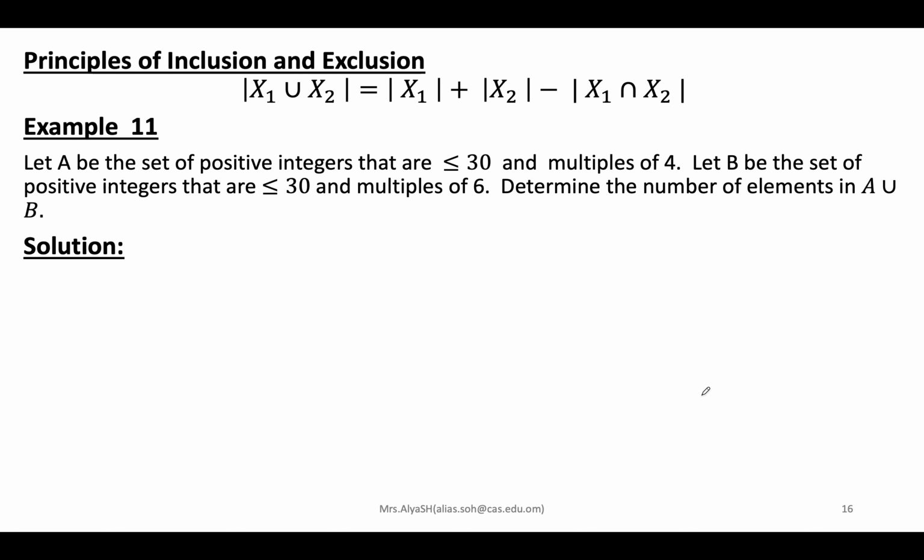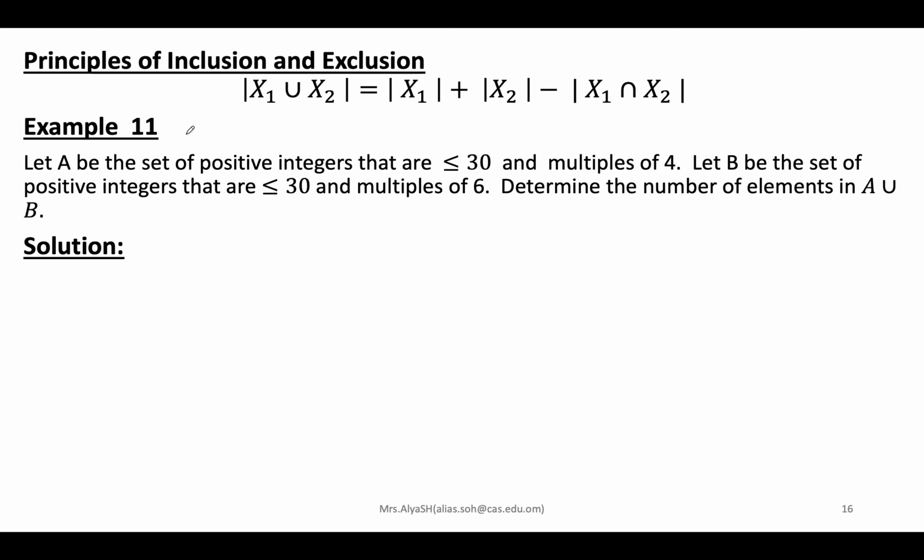Let's move to the last topic in this session, which is the principle of inclusion and exclusion. Here, in order to find the union of two sets, I need to identify the elements of the first set plus the elements of the second set minus the intersection between set 1 and set 2.